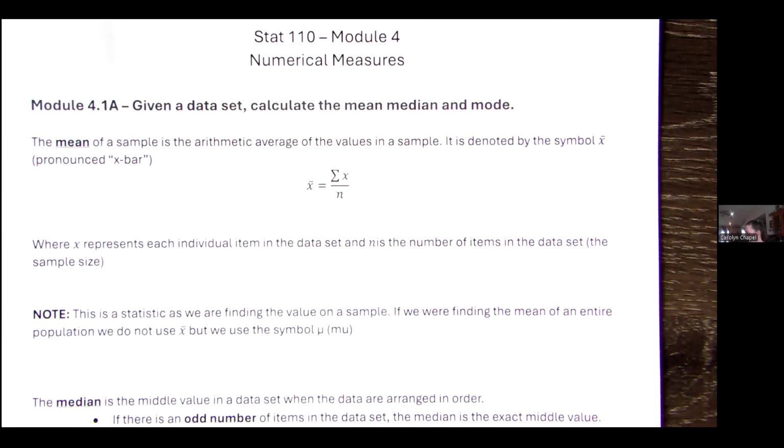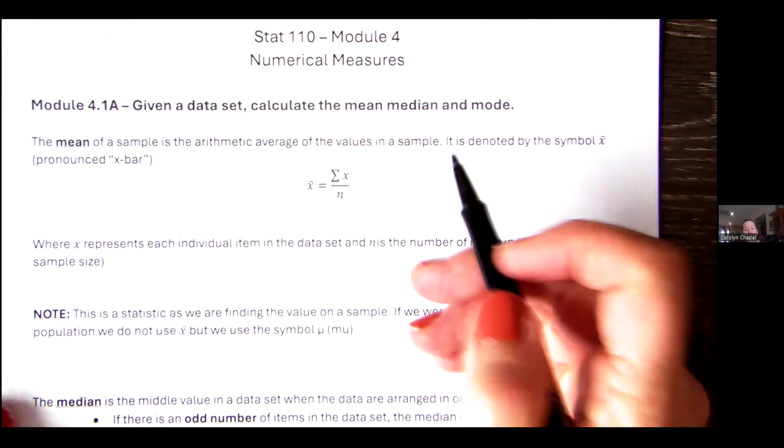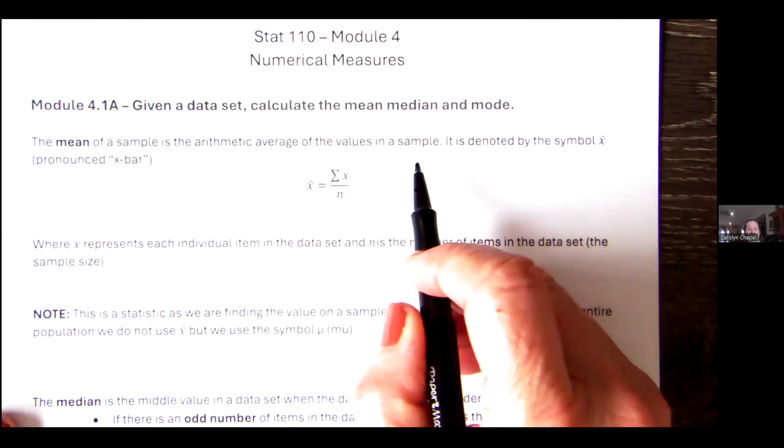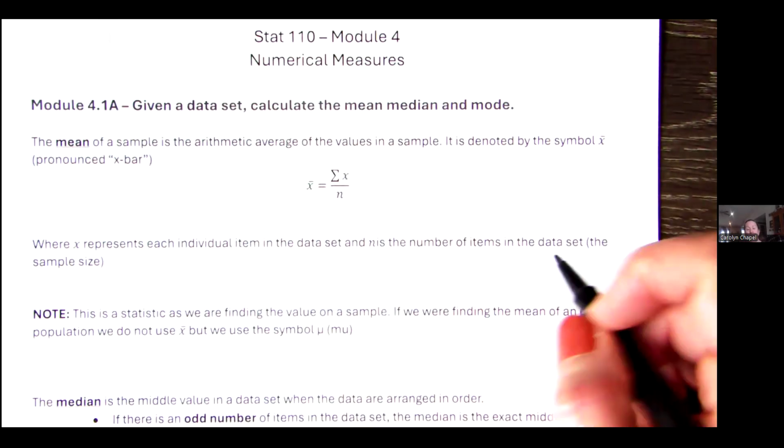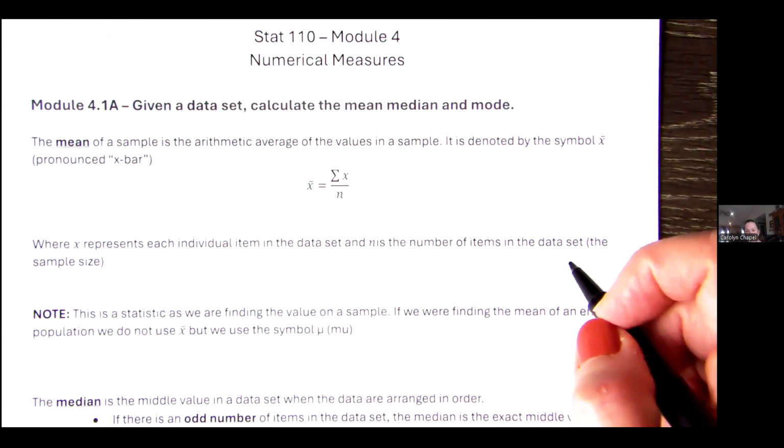So first of all, the mean, which is another way of saying average. What we have is we do consider finding the mean or average of a sample. So remember, we've talked about populations and samples.